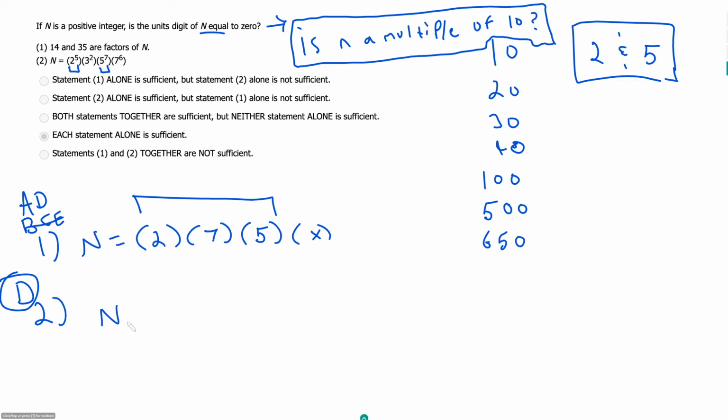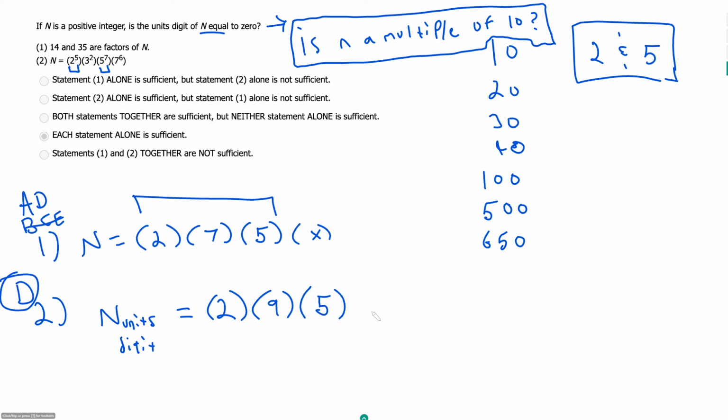So 3 squared is 9. 5 to the 7th, I don't know what that is, but I know 5 squared is 25. And so if you multiply that by 5, you're just going to get another units digit of 5. And so 5 raised to the anything is always going to have a units digit of 5.